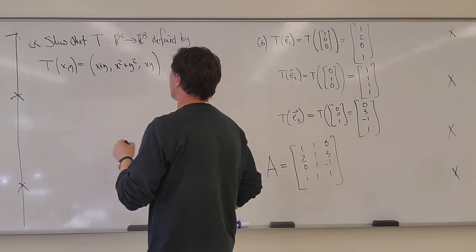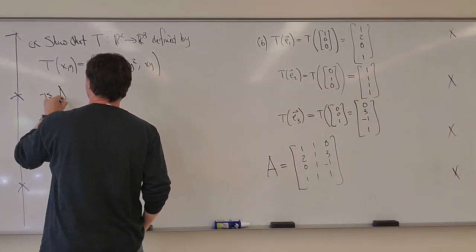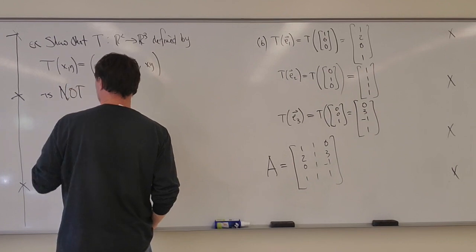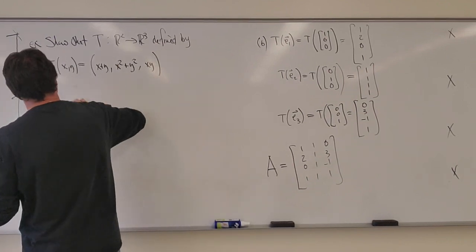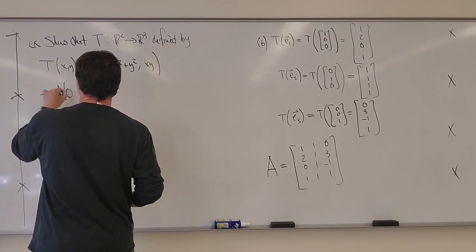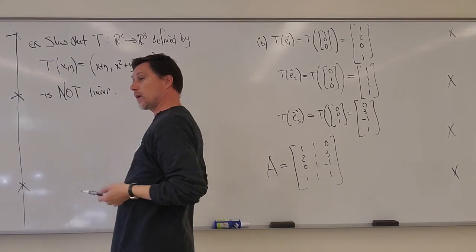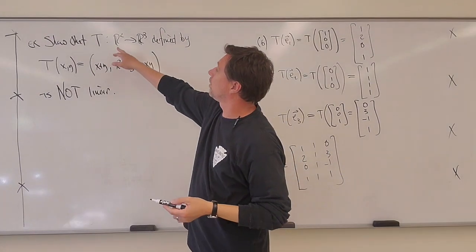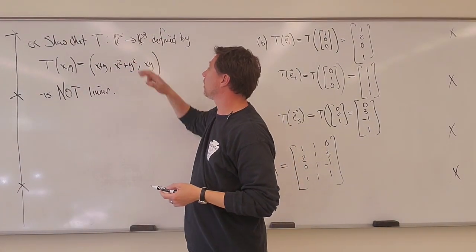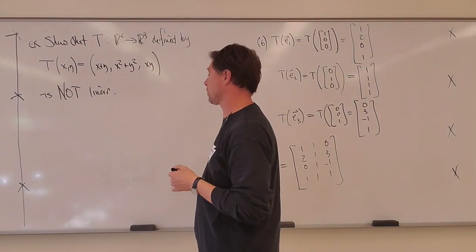Show that this function right here is not linear. So here's a transformation. It's input vectors from R2, output vectors in R3, but it's not a linear transformation.